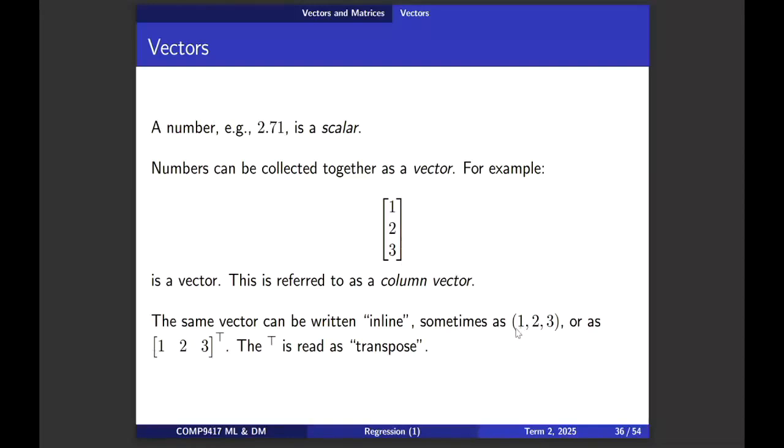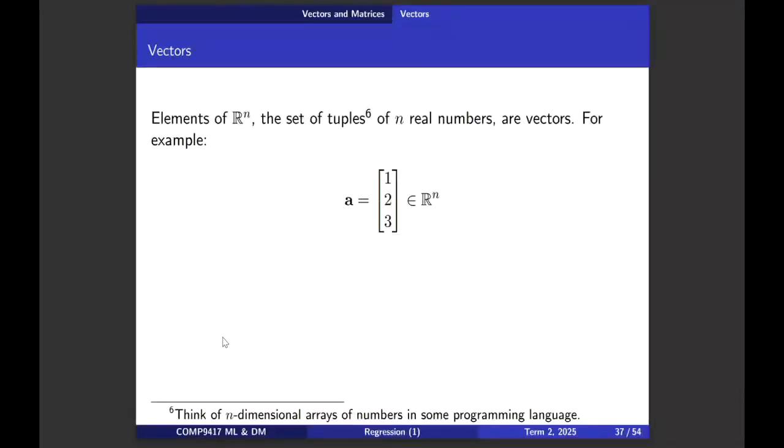And this is where you've got to be careful: different authors use different notation. This is parentheses. This is using brackets and no commas. And this T here is an operator called transpose, which essentially means change a row into a column.